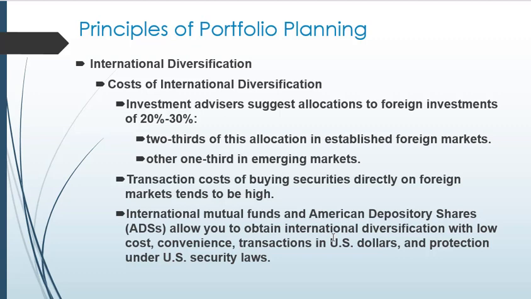And since they're not domestic, since they're in international currencies, in a country that probably has a different basis of accounting, it really takes somebody with a special eye to analyze these companies, and that can be very expensive. International mutual funds and ADSs allow you to obtain diversification at relatively low cost.